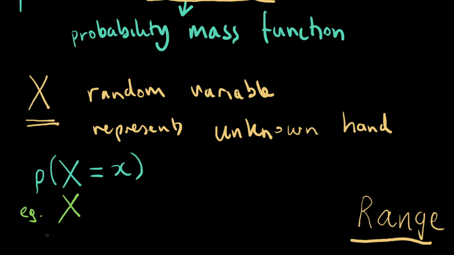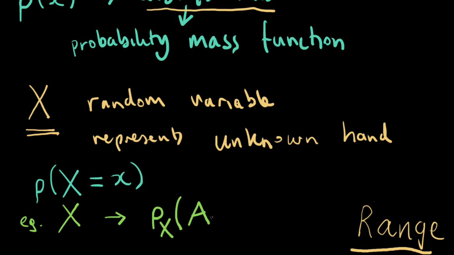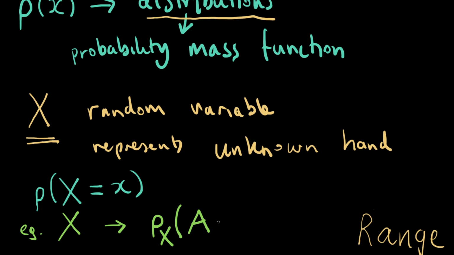Now I can say that I've got a probability mass function P, or P subscript X, so this probability mass function is related to that particular random variable. Oftentimes I just remove this X because it doesn't really matter in terms of the context. P subscript X of, say, ace of spades, ace of diamonds.